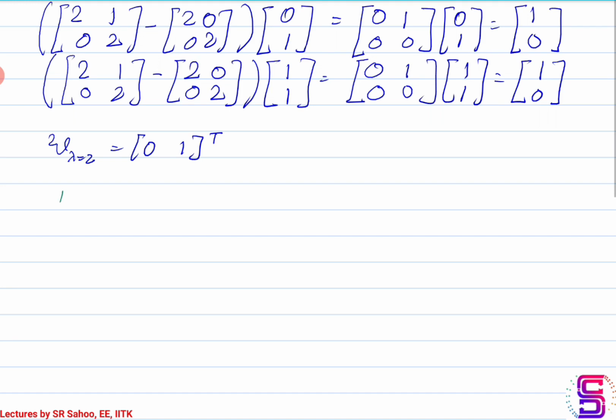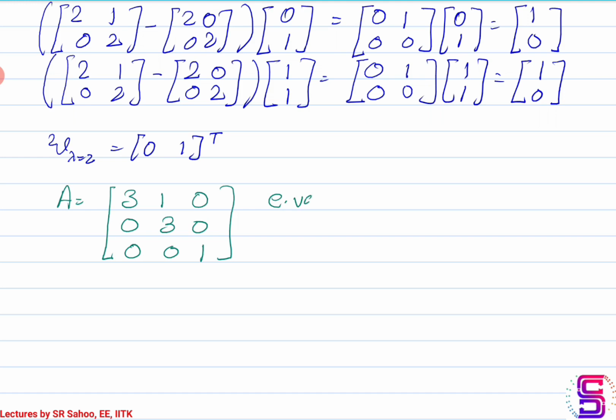Okay, let us take up another example. Rather, I leave it to you for solving when you have a matrix, let's say of the form 3 1 0, 0 0 3, 0 and 0 0 1. What are the eigenvalues?